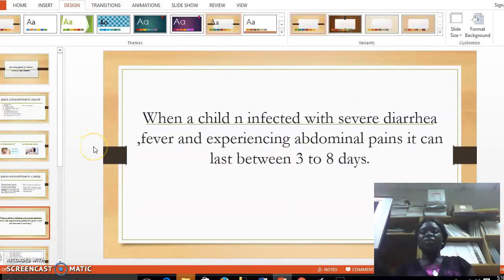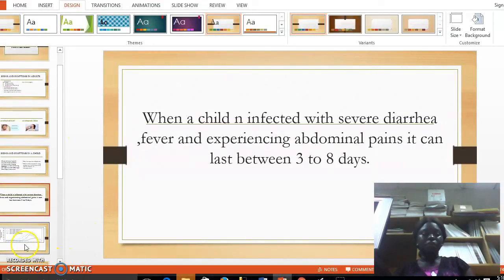When a child is infected with severe diarrhea and experiencing abdominal pains, it lasts between 3 to 8 days, so you should also take note of that.